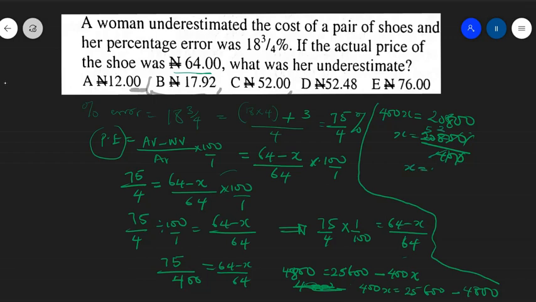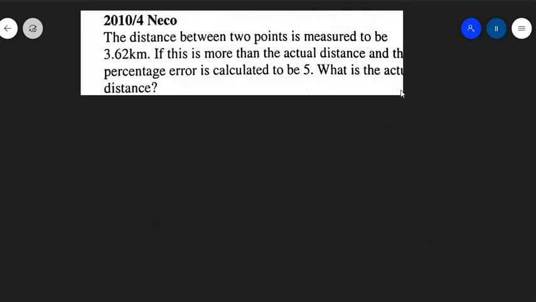So x is equal to 52 naira. Because they gave us naira, it is 52 naira 00 kobo. So brilliantly, we have been able to get how to deal with it.